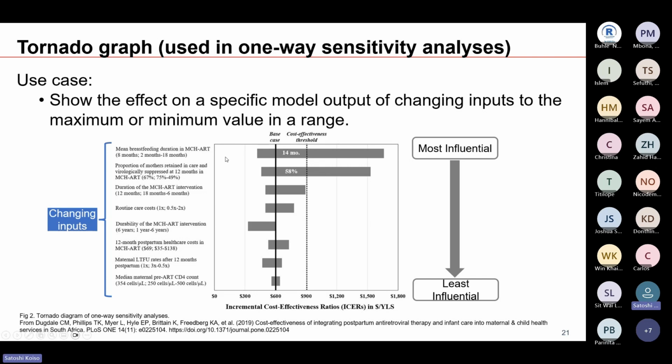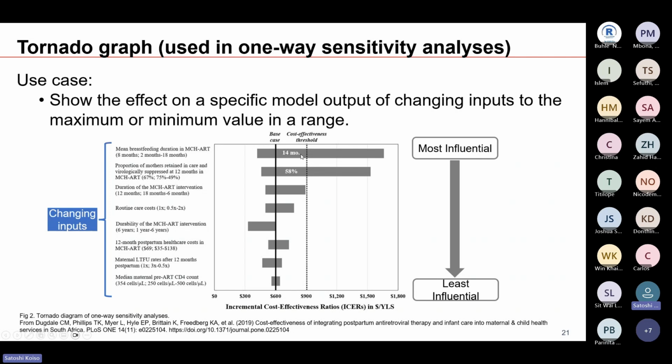To interpret this graph, you can see the mean breastfeeding duration in MCH ART has some range: 8 months as a base case, 2 months as the minimum value for this parameter, and 18 months as the maximum.